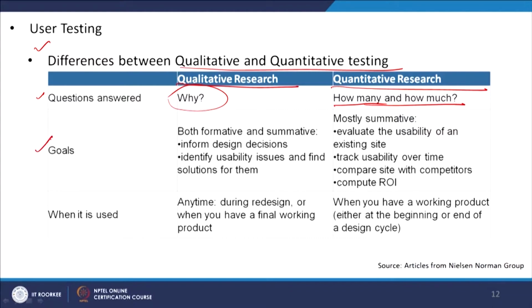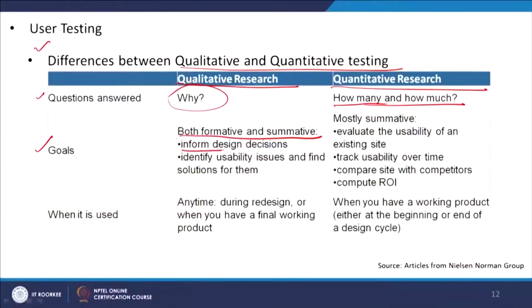Then the goal of qualitative research is both formative and summative. They form towards a design, and then they sum up to the final design. So formative is in the initial stages, when they lead towards a particular design and seek a design, and then they sum up towards a final design.